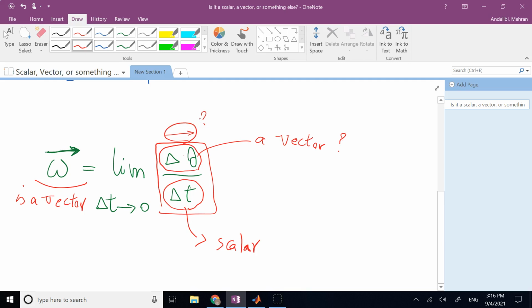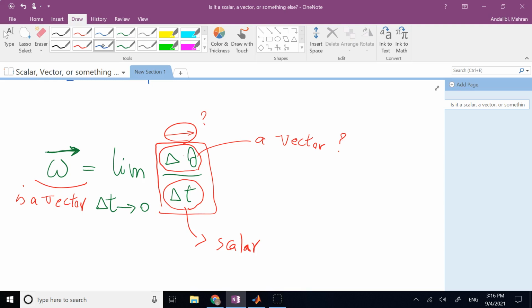And now the question is, is this delta theta really a vector? And you might say, well, it is. It definitely has magnitude and it definitely has direction, correct? So it might be along the x-axis, the change of angle along x, or along y, or along z, rotation along any of them. So it definitely has a direction, it definitely has magnitude, and I say that's right.